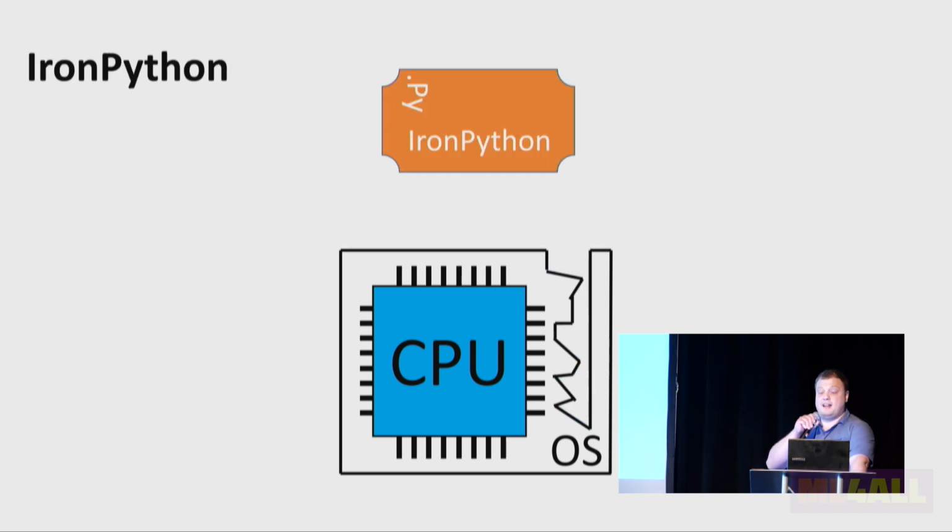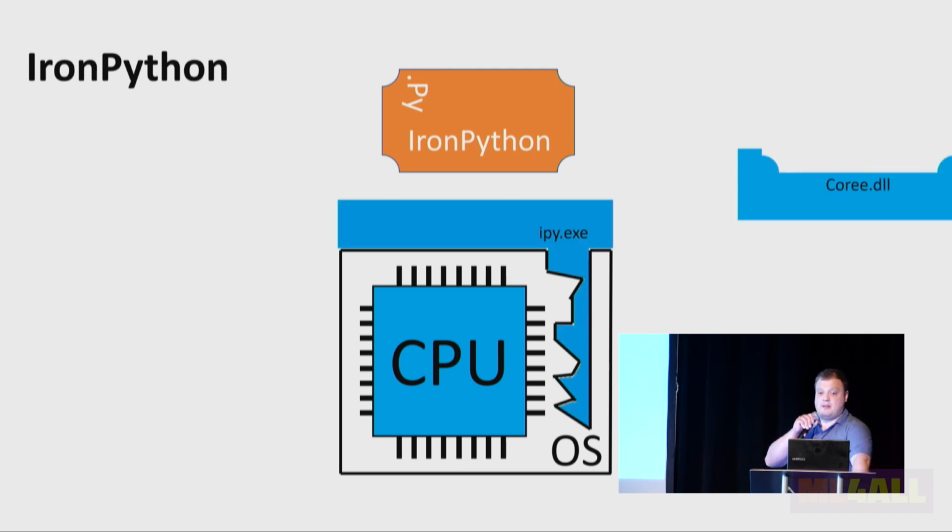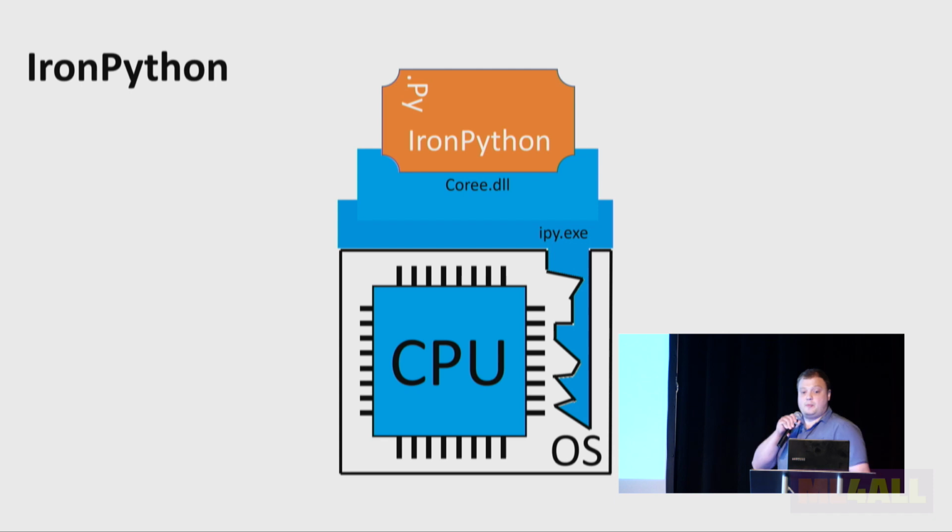IronPython is primarily a .NET library. It ships with a thin wrapper, which loads the .NET framework. And what this gives you, the combination of all of this, gives you something that is equivalent to a drop-in replacement for Python. But given that the Python interpreter is written in .NET, it doesn't have full support for all the Python libraries you might want.